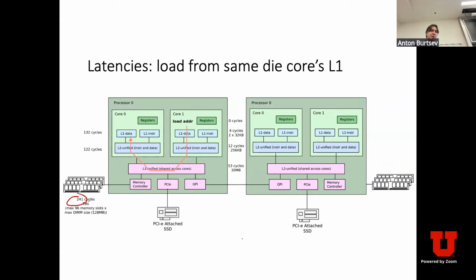So if accessing memory is 241 cycles, fetching something from an L1 cache of a core on the same die is 132 cycles. If you go across this QPI or across the socket link, just doing this pass costs you 215 cycles.